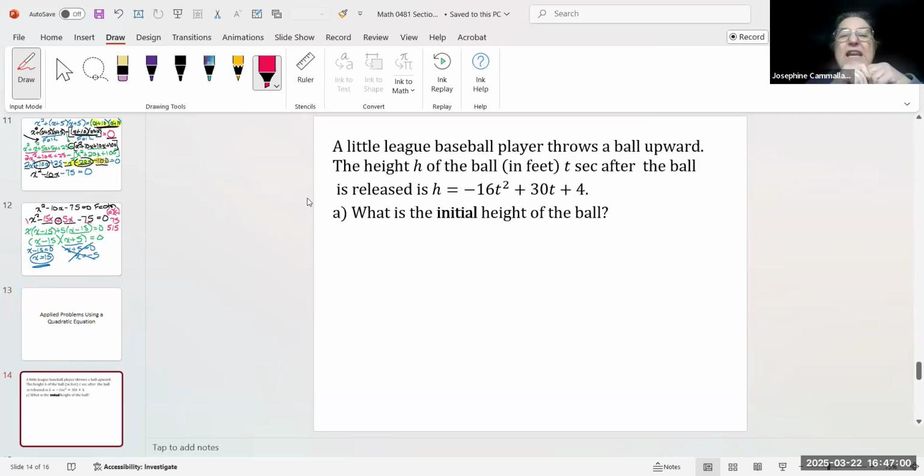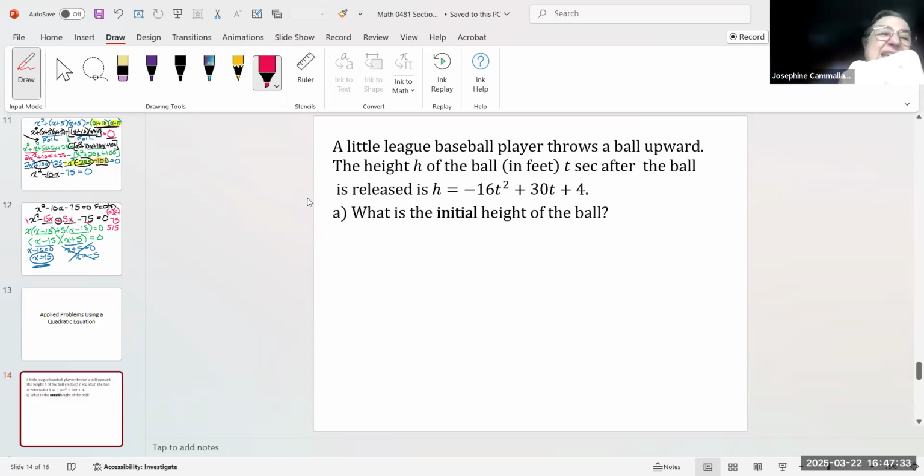A little league baseball player throws a ball upward. The height of the ball in feet, t seconds after the ball is released, is h equals negative 16t squared, notice it's got a little 2, plus 30t plus 4.